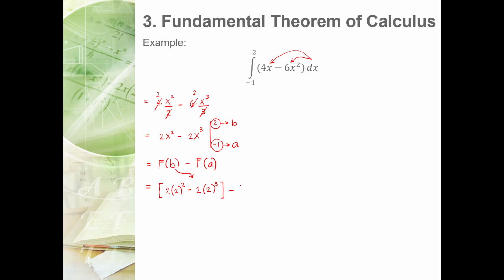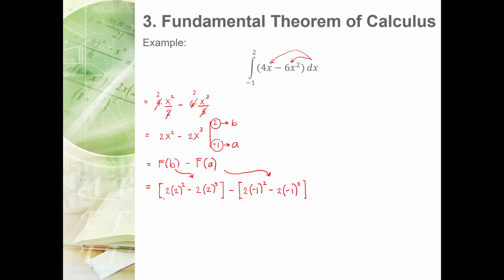And then minus, next you apply the lower limit in the same equation. So this is 2 times -1 squared, then minus 2 times -1 cubed. This is your f of a.